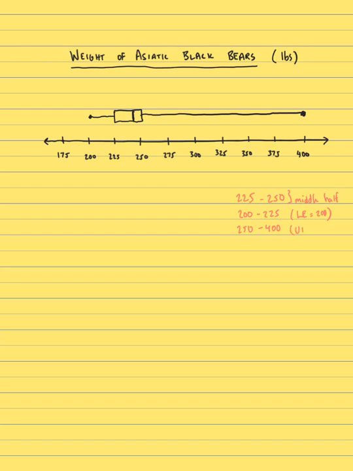And you can see that our upper extreme, our heaviest black bear from Asia, is about 400 pounds. So this just shows you a much longer tail, if you will, a much longer whisker on the higher side. It also shows you the median. This line represents the median, which is clearly closer to 250 than it is to 225. If that matters, I don't know.